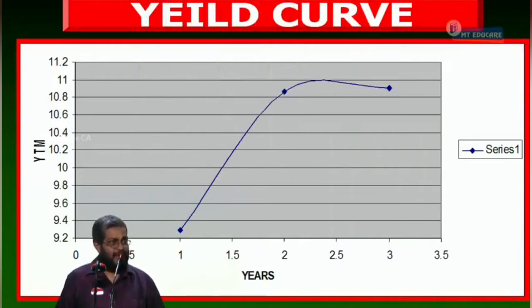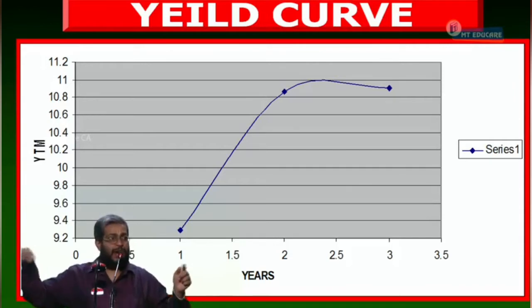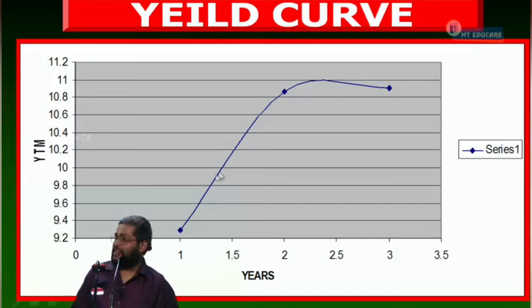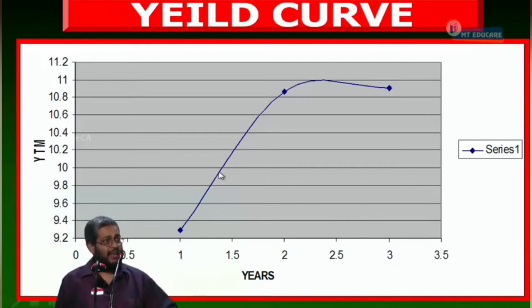See, it is 1 by (1 plus r) power n, so we cannot do the interpolation at all. If it is a straight line, any 2 points, I can say 2 times 10.87 minus 1 time 9.29 and we'll get the answer. Since it is a curve, the distance cannot always be the same. You should use only the discounting technique to find it out. Understood?